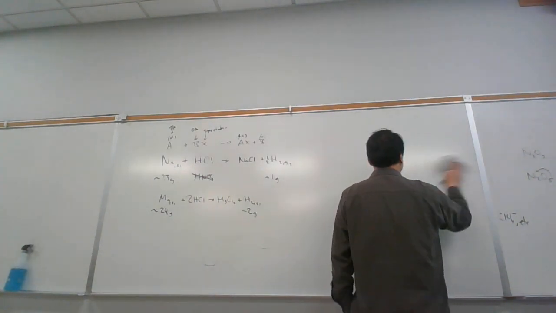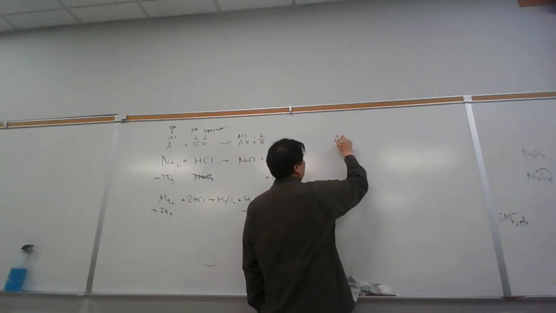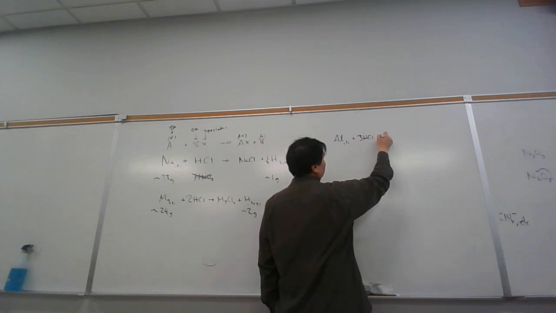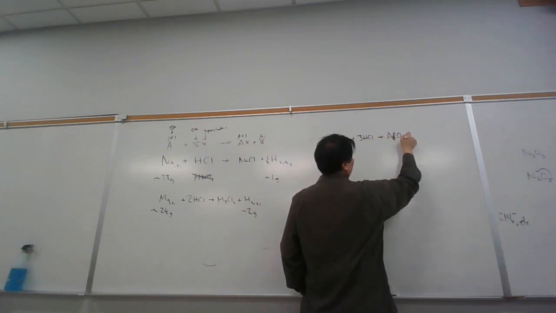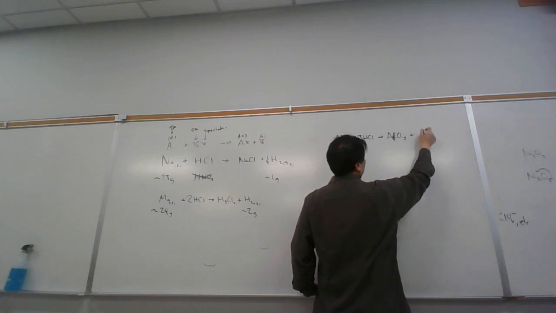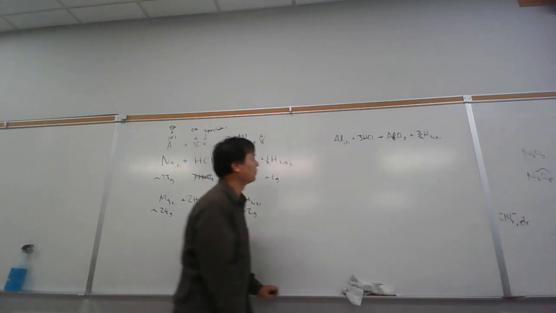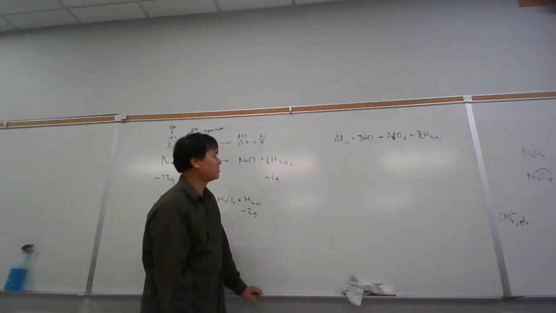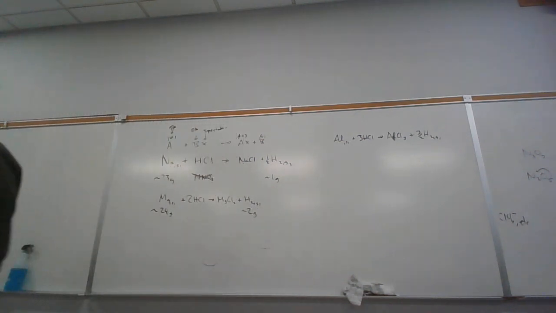And then we have aluminum next. Let's take a look at aluminum. Aluminum is going to require 3 HCl, and it's going to form aluminum chloride and hydrogen gas. It's going to have to be 3/2 hydrogen gas, or 1.5 moles of hydrogen gas. So aluminum weighs 26, 27.